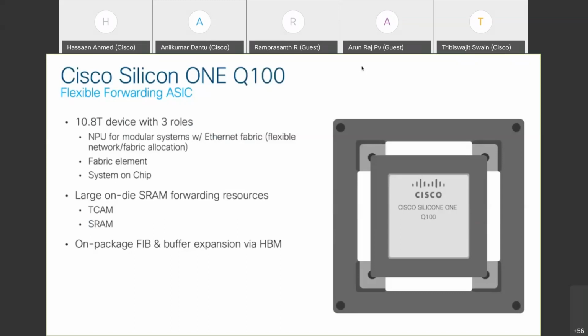Plus, the same chip can be used in the fabric card, acting as a fabric element. So you can program the same chip as a system on a chip, as a network-facing interface, as a FIA, or as a fabric element. So you can use it in 3 different roles.